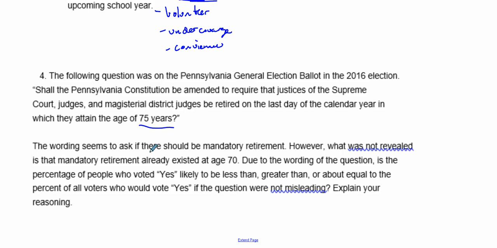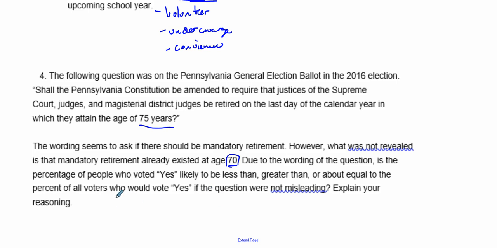The wording seems to ask if there should be a mandatory retirement. However, what was not revealed is that mandatory retirement already exists at age 70. Due to the wording of the question, is the percentage of people who voted yes likely to be less than, greater than, or about equal to the percent of all voters who would vote yes if the question were not misleading?